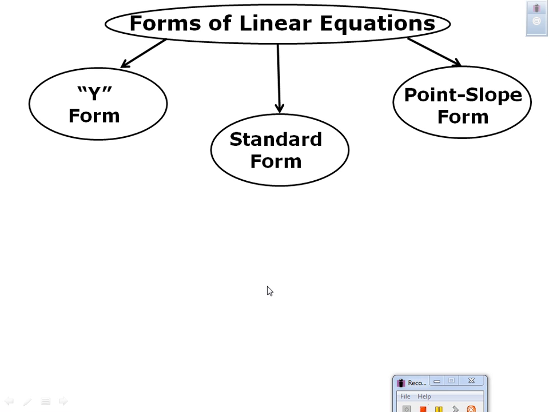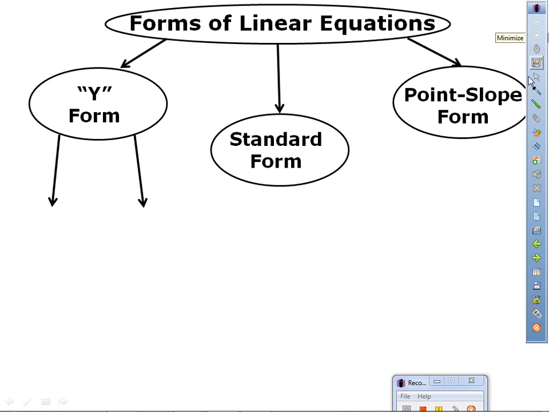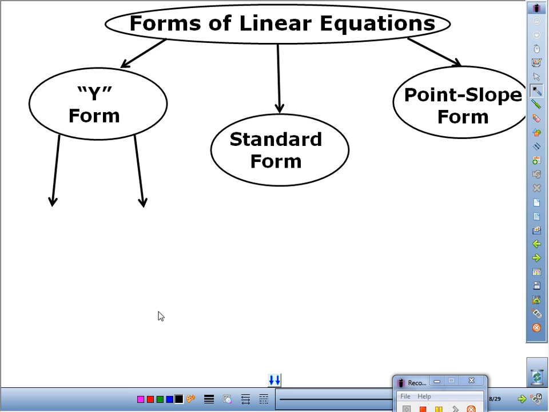All right, so let's address Y form. You're going to branch out from the Y form and do 2 branches down.